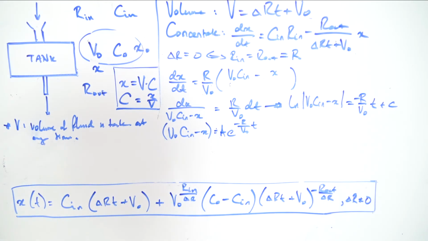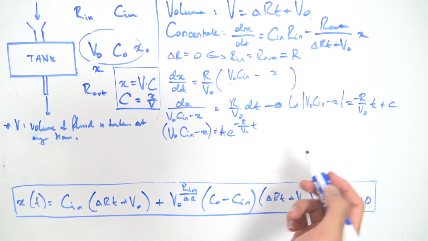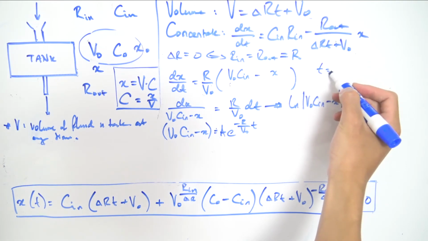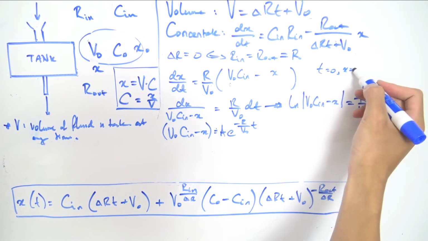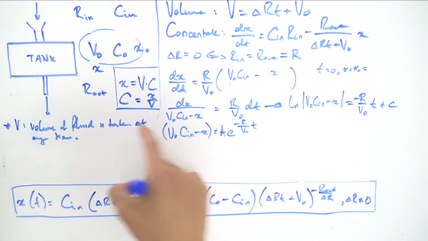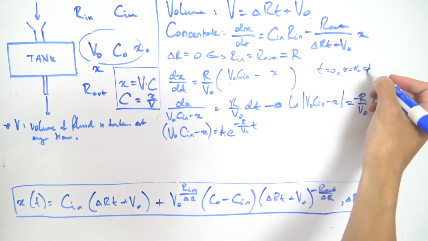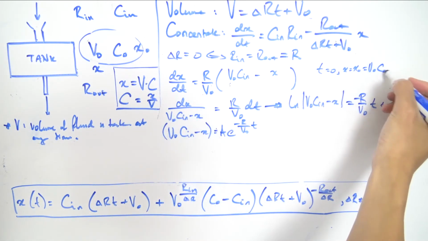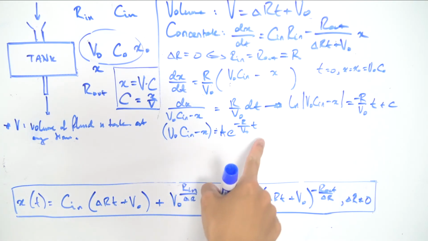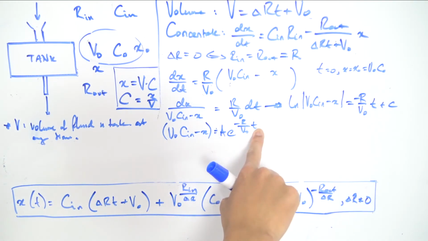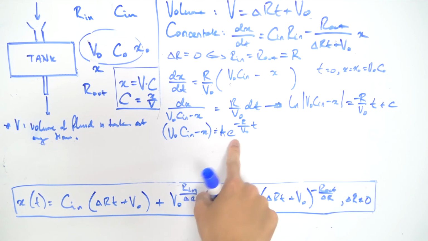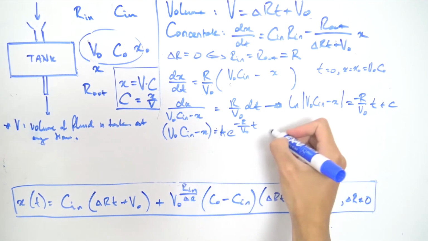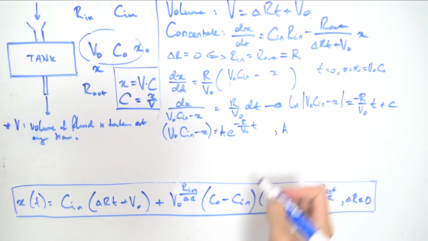And now let's try to figure out our initial conditions. So we know that at time t equals 0, x will be equal to x naught, but x naught is just, well, v naught times c naught, so volume times concentration. So let's plug t equals 0 into here and see what we get. So if t is equal to 0, we have e to the 0, which is just 1. So when t equals 0, we just have a on the right hand side.